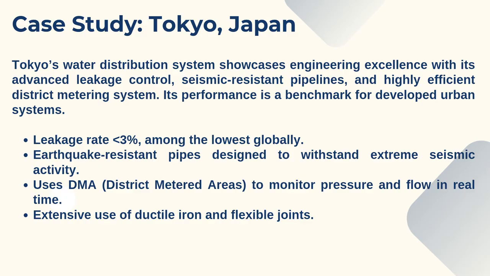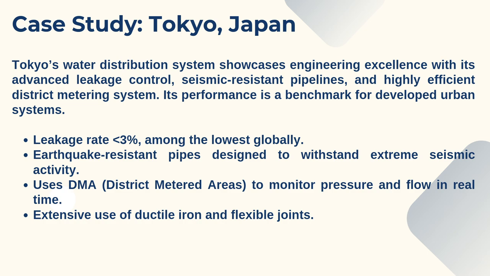Alright, this one is the case study in Tokyo, Japan. The Tokyo water distribution system showcases engineering excellence with its advanced leakage control, earthquake-resistant pipelines, and highly efficient district metering system. Its performance is a benchmark for a developed urban system. In this case, the leakage rate is under 3%, among the lowest globally.